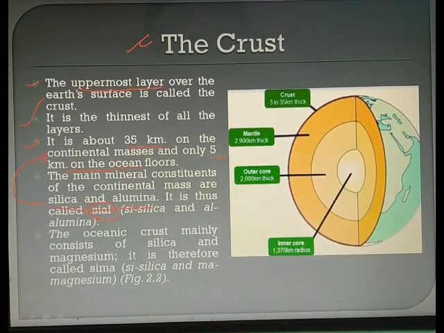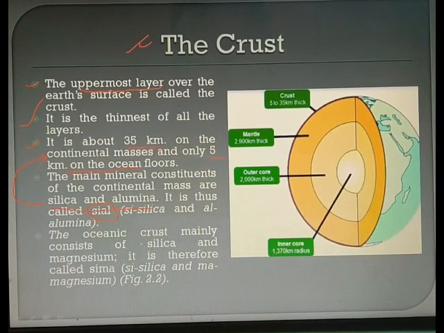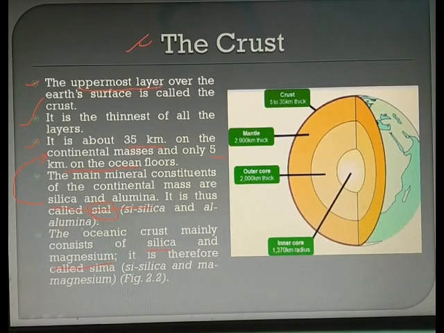So the main constituents of the crust in the continental area and in the oceanic area are different. It is made up of different minerals: silica and magnesium in the ocean area, and silica and alumina in the continental area, that means in the land area.